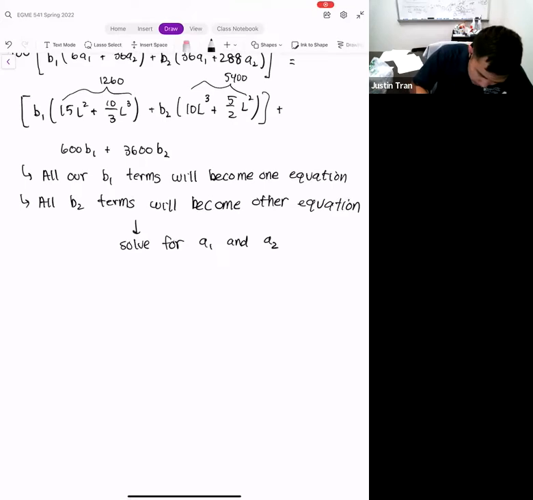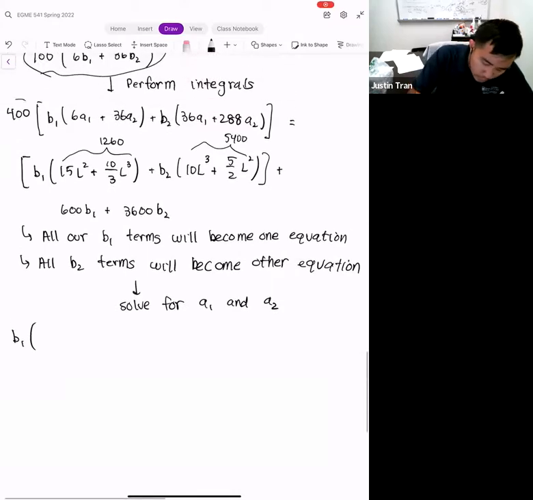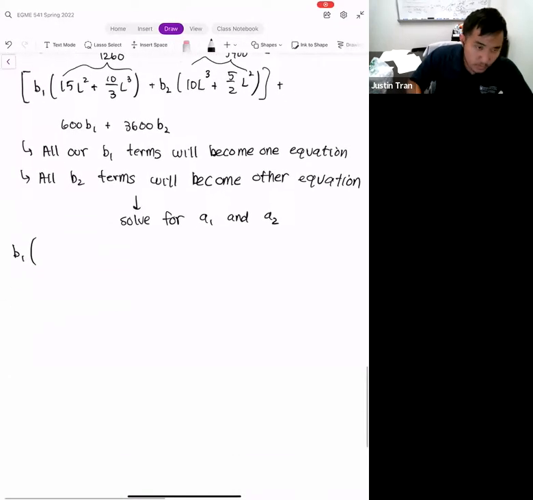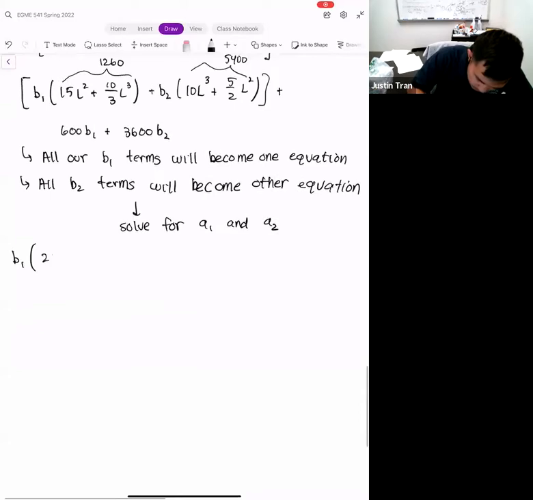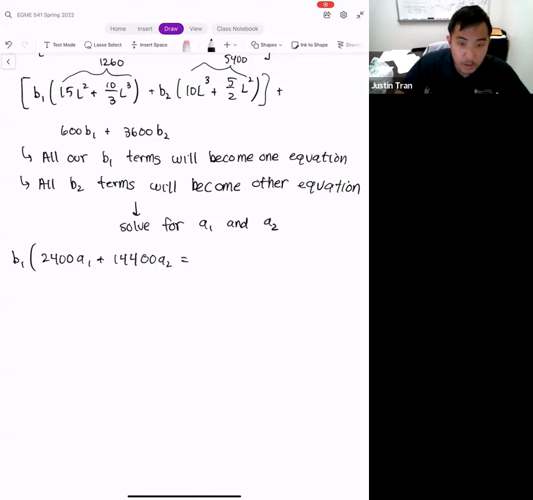First we have B1, and we collect all the terms on the left. If we distribute this 400 through, we get B1 times 2400 A1 plus 14400 A2 is equal to 1260 minus 600.